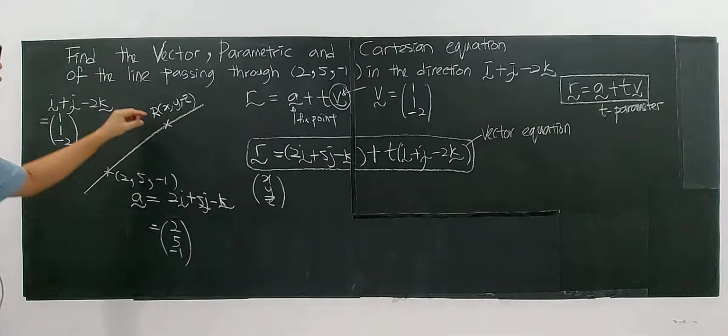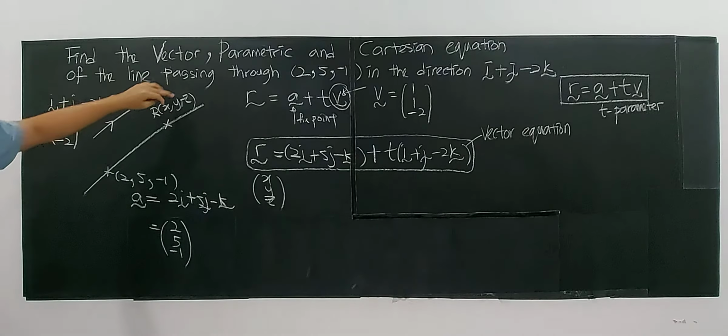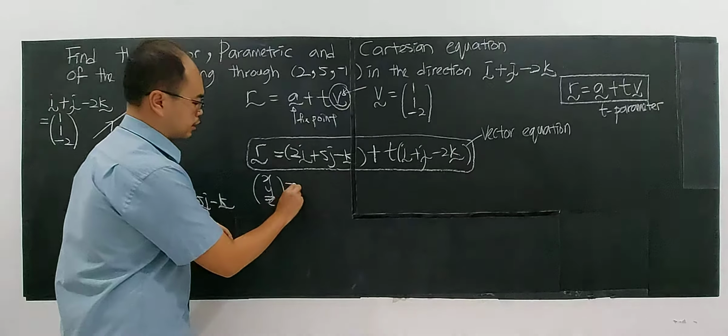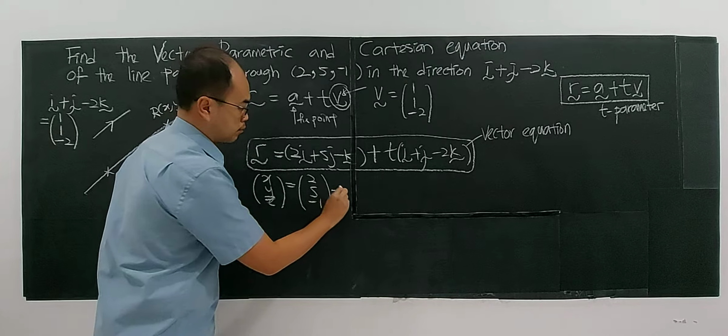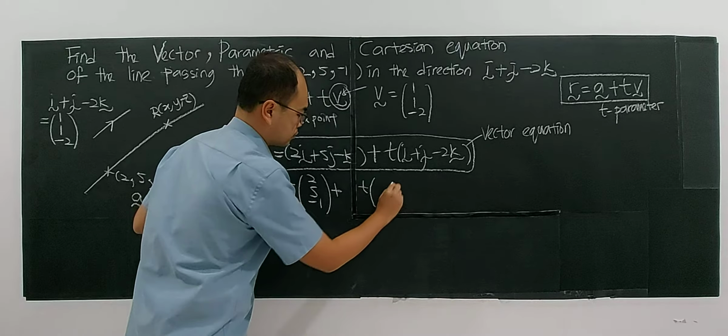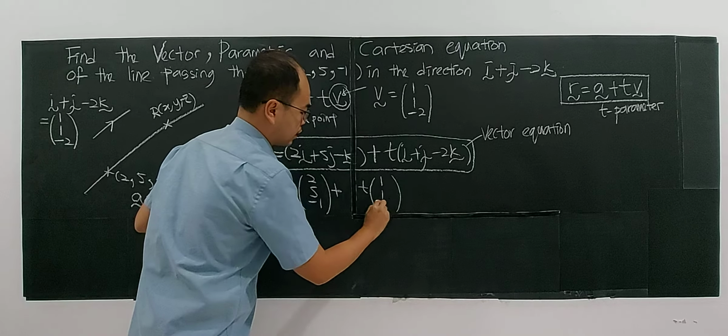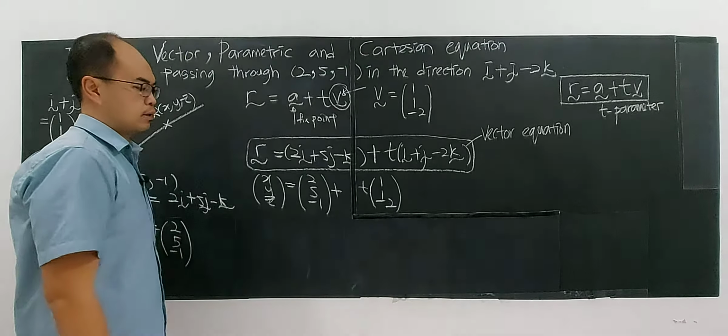And this equals 2, 5, negative 1 plus t times 1, 1, negative 2.